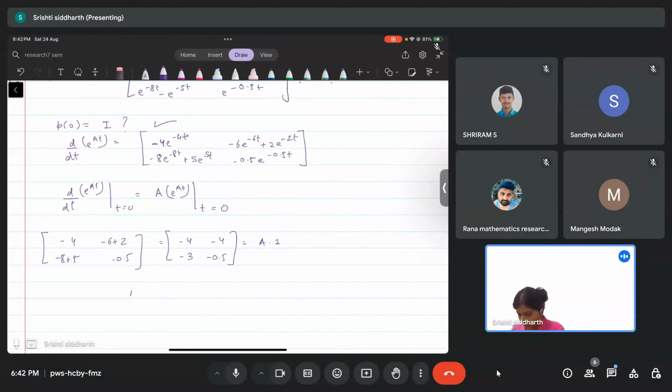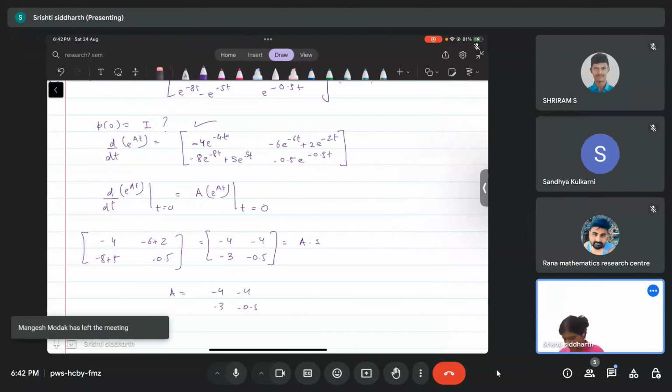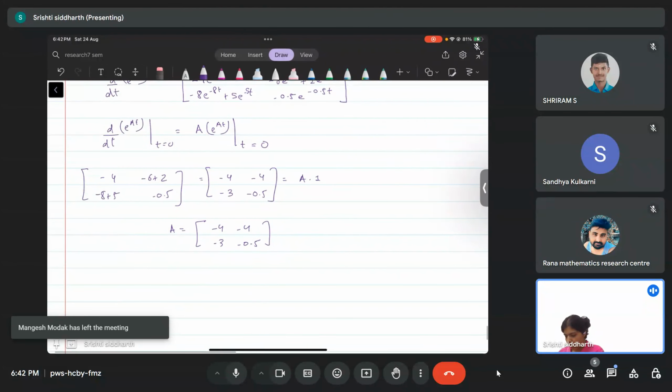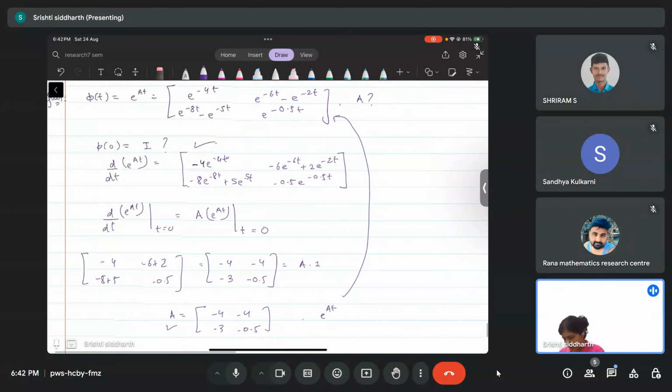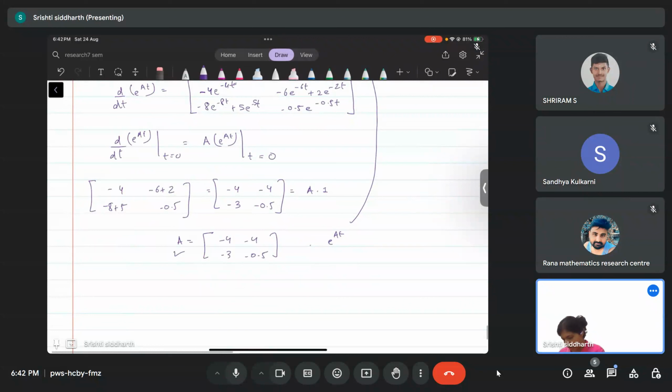So we just have this matrix. If you need to check your solution, what you can do is that you have this A now, and then just check quickly if e to the power At is this one or not. So let's just check the first term or something.